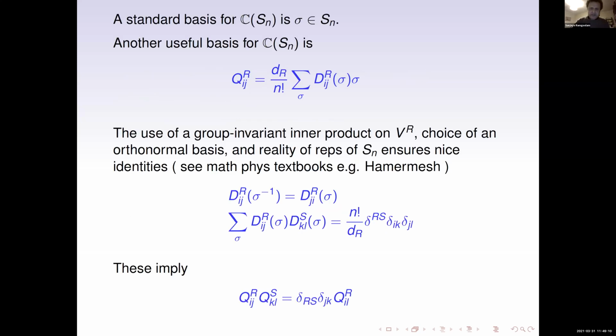The next thing is that there is a Fourier basis in the center of the group algebra, where you take the matrix elements in an orthogonal representation and you weight them with sigma, and that forms a basis for the group algebra.